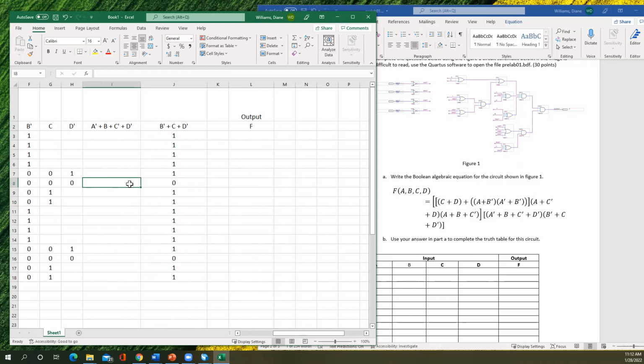When we say it doesn't matter, we don't care what this is. A lot of times we use an X for a don't care. X means we don't care what that term is, because if we AND this with this, we've already got a 0 here.